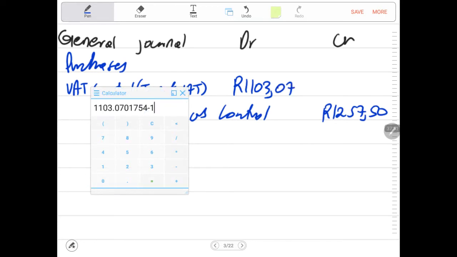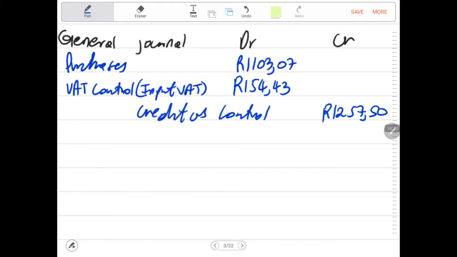We say minus 1,257.50, and this gives us the amount of VAT, which is 154.43, and the amount of the purchase plus VAT is 1,257.50. The amount of the inventory is 1,103 rand 07 cents. So now this is how we record this, and now we go to our journal.